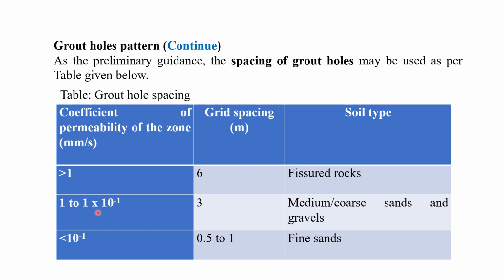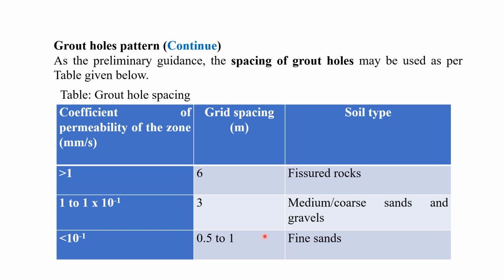In case of 1 to 1 into 10 power minus 1, the grid spacing will be 3 for the soil, medium, coarse sands and gravels. Whereas if the permeability is less than 10 power minus 1 millimeter per second, in that case the grid spacing will be 0.5 to 1 meter, which will be the fine sand. So spacing is going to be reduced when the size of the particles is less.